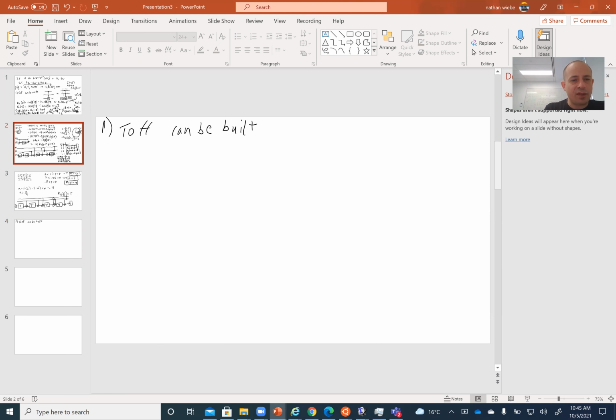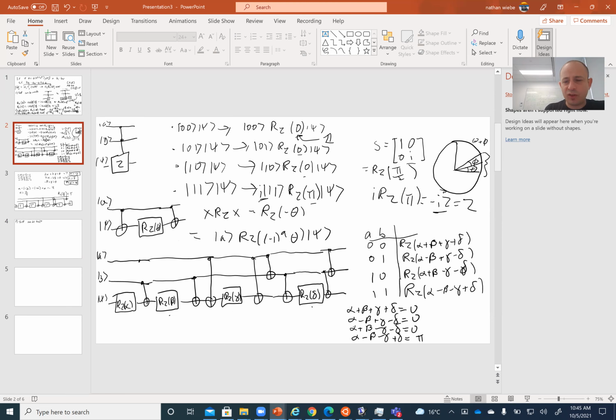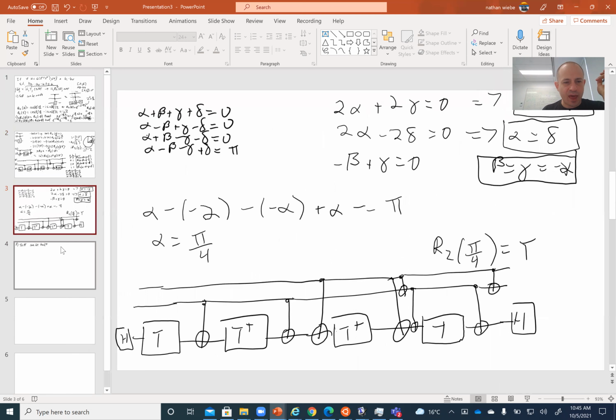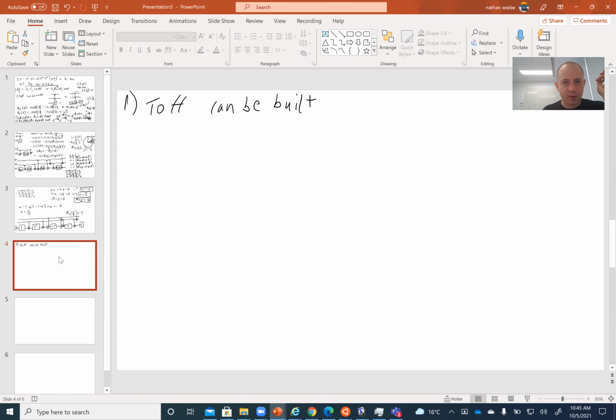I then reduce that to a system of equations that can be solved to figure out how to apply different rotations to build that pattern of phases. And the rest is pretty straightforward. So that is the strategy we use to build the Toffoli gate.